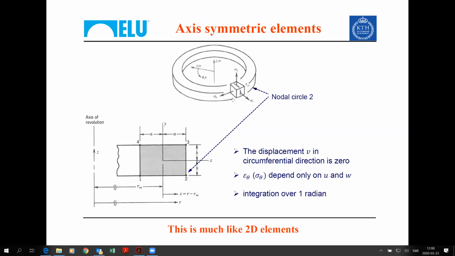They describe nodal circles, like here. And instead of taking, as for the plane strain, thickness equal to 1, we take a chunk of the element with an angle at the center which is equal to 1 radian, and we perform the integrals. Very much like the 2D elements, but this time it describes a situation where everything is axisymmetric.